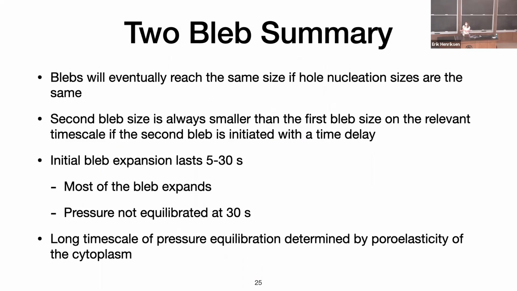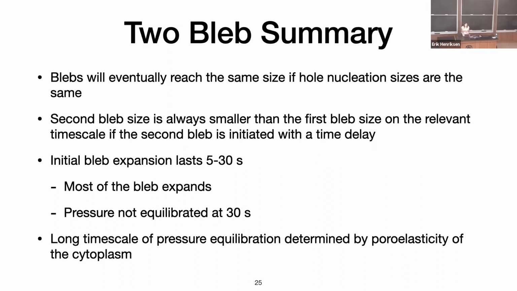So the second bleb is always smaller than the first bleb on the time scale of 30 seconds, as long as that second bleb is initiated with that time delay of 5 seconds. And what we see on the time scale of 5 to 30 seconds, most of the bleb expands and the pressure is actually not equilibrated. And that time scale for pressure equilibration is determined by pore elasticity.